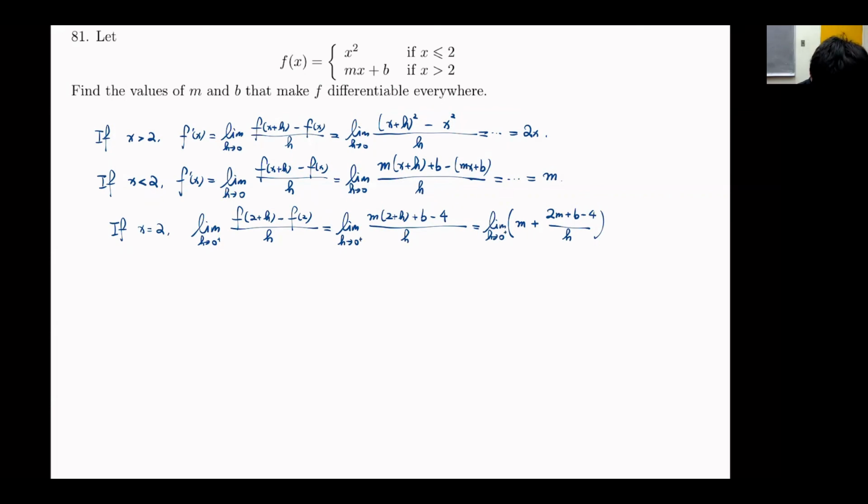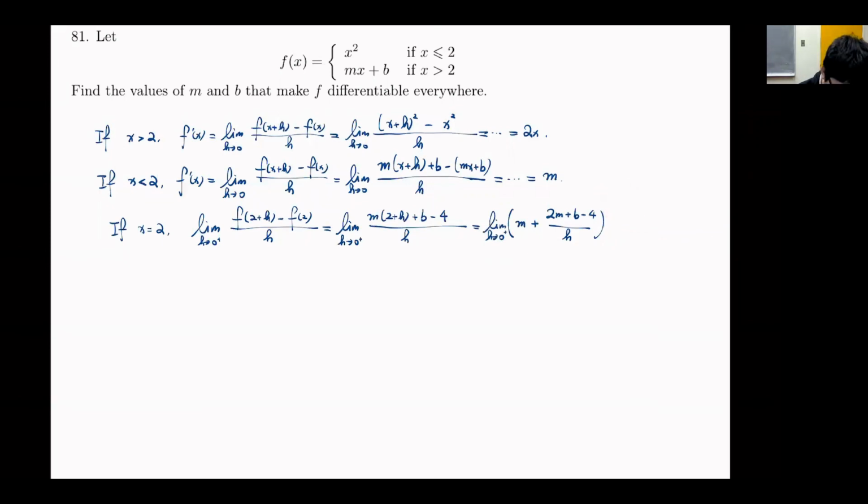So if h approaches 0 from above, then the first term approaches m, so there's no trouble for this. But if h approaches 0 from above over here, then this is going to be 0 in the denominator. So on top, if this turns out to be a positive or negative number, what we have is positive infinity or minus infinity.